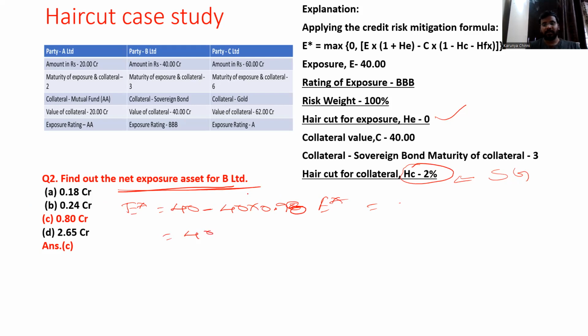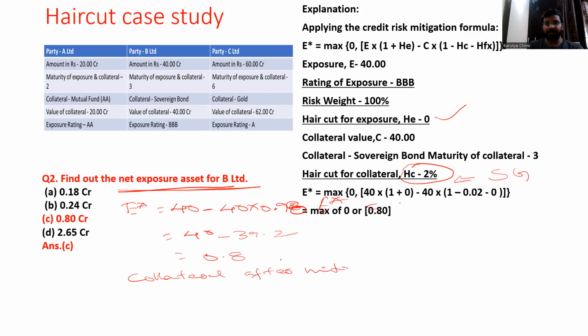So what is 0.98 into 40? Use your calculator also. 40 into 0.98 is 39.2. So what is the exposure here? 40 minus 39.2, that is 0.8. Now what we have to do? Collateral after mitigation.